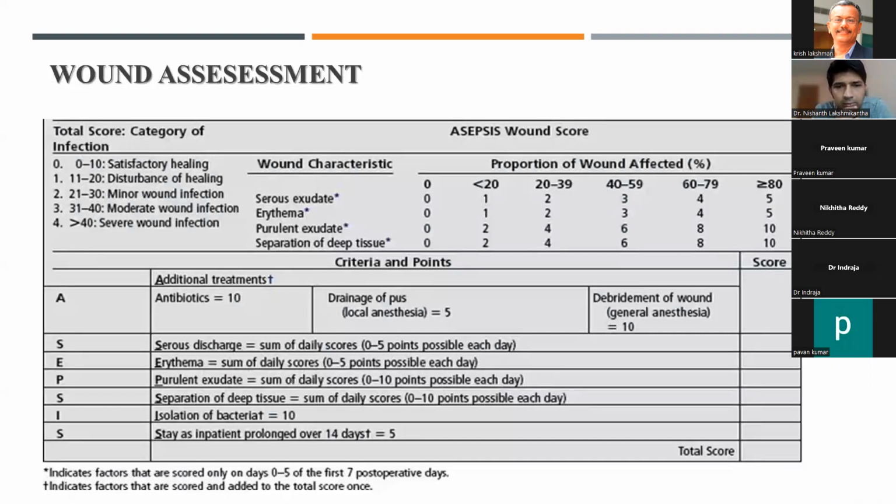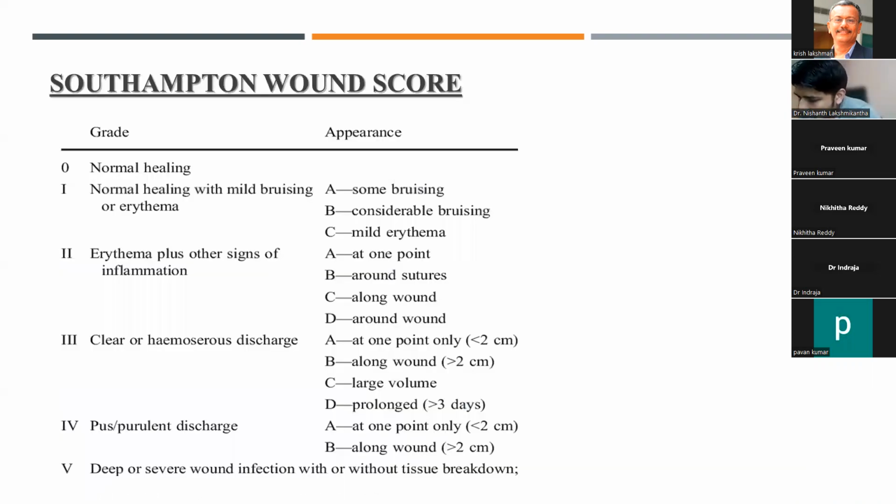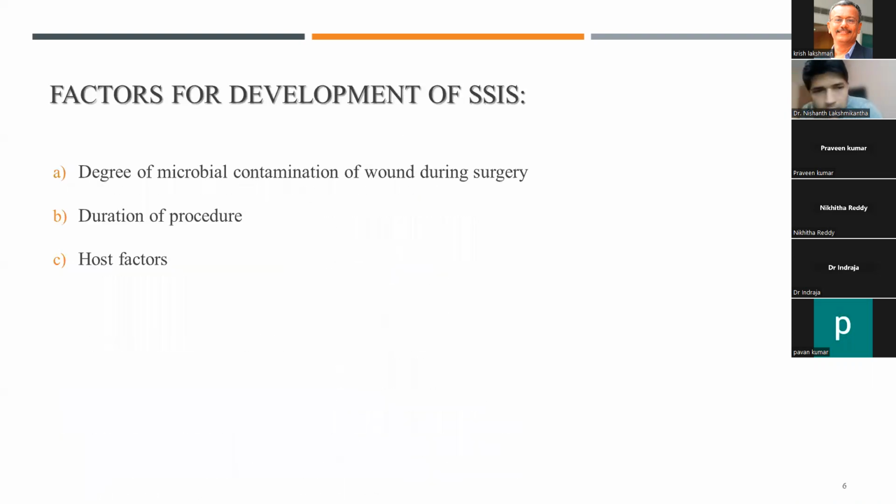To assess the wound, we have the ASEPSIS wound score and the Southampton wound score. The factors responsible for the development of surgical site infections are the degree of microbial contamination of the wound during the surgery, how long the procedure took, and the host factors.